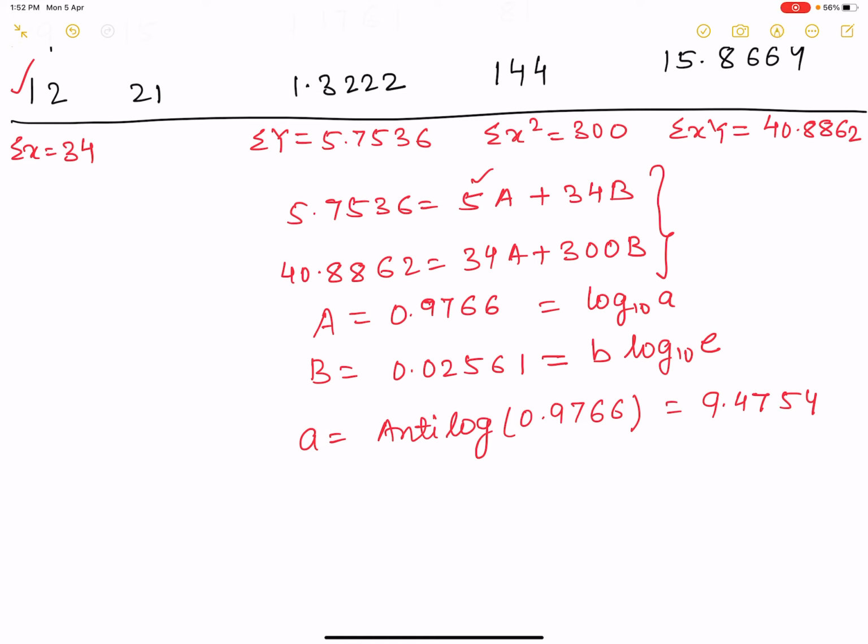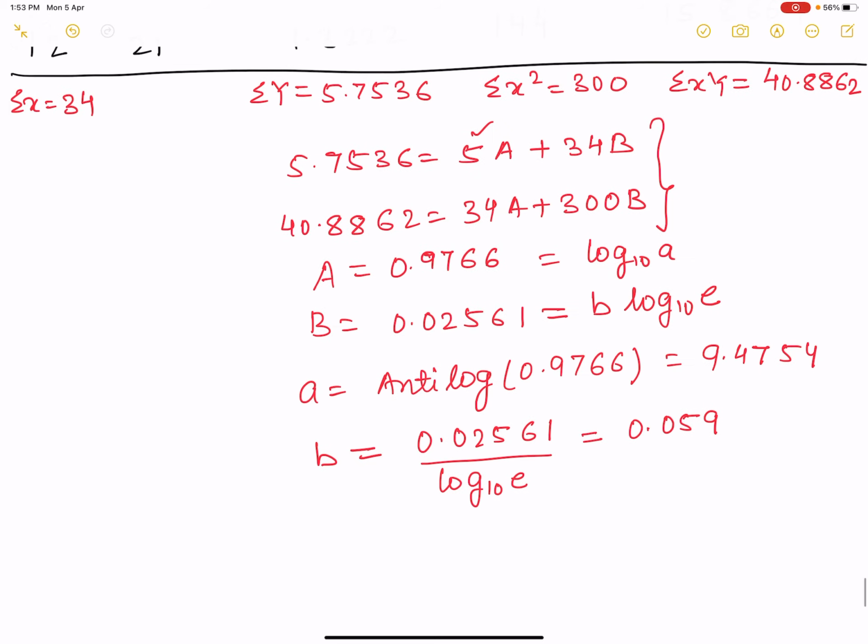We need the value of small b, which is equal to 0.02561 divided by log to the base 10 e, and this will come out to be 0.059.